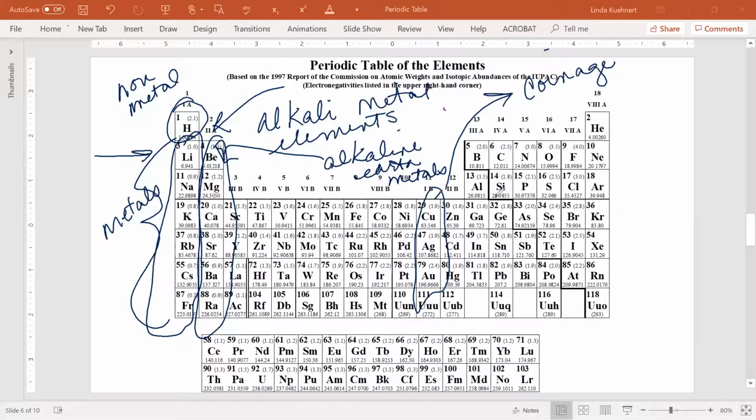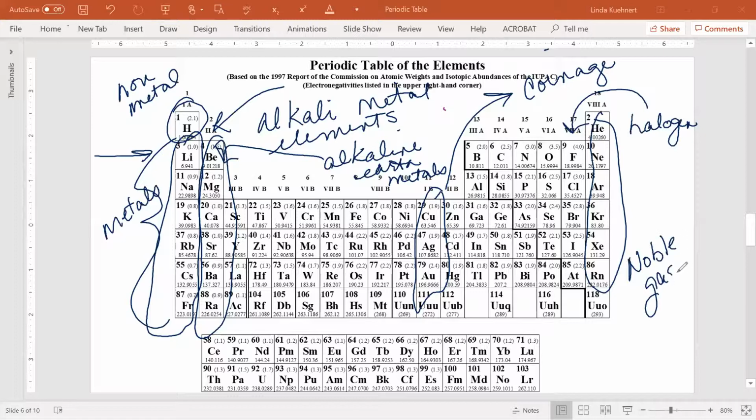And then on the right side of the stepladder line, which separates metals from nonmetals, we also have the halogen family. And we have this very unreactive family called the noble gases. Whereas noble gases are very unreactive, the halogen family is very reactive, similar to the alkali metals.